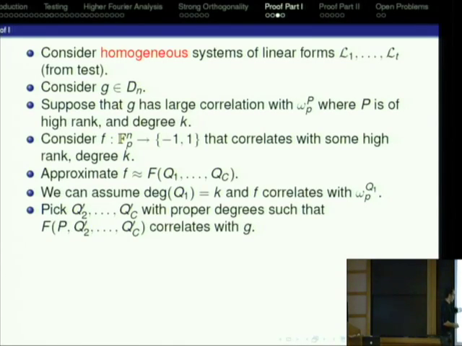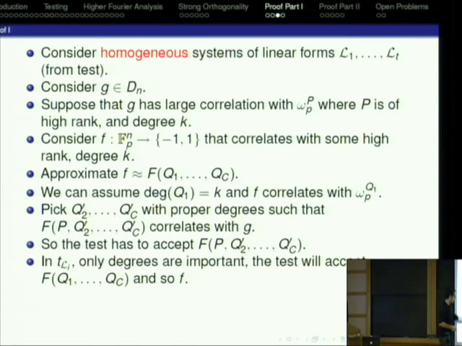Now, our test has to accept this because it correlates with G. But if you look at these averages TIs, only degrees were important. So if we are accepting this, we have to also accept f of q1 to qc because they have the same degree sequence. So we are accepting f.